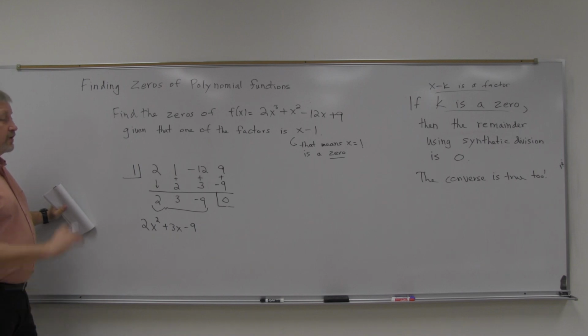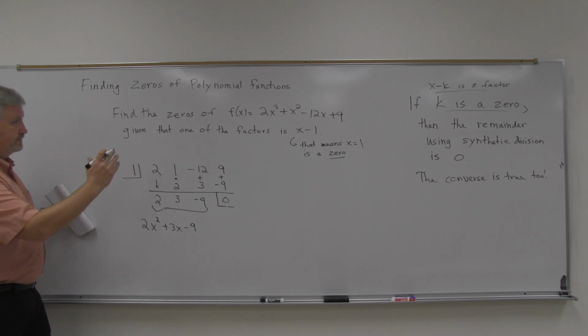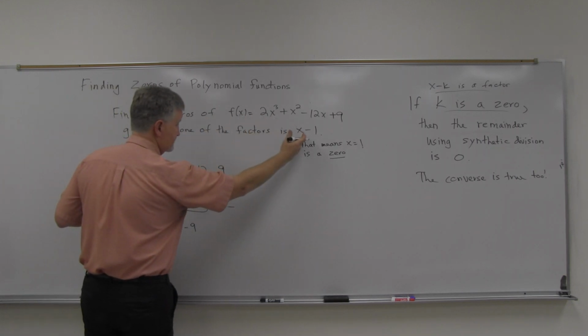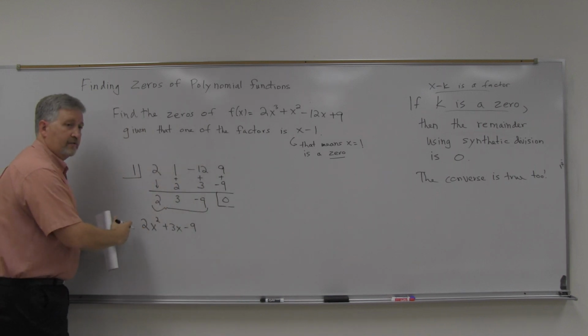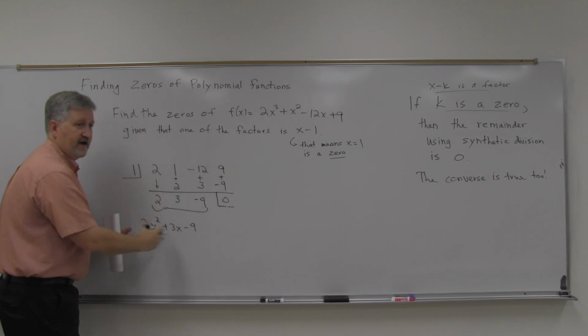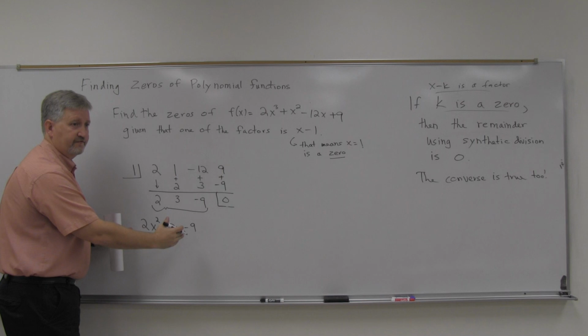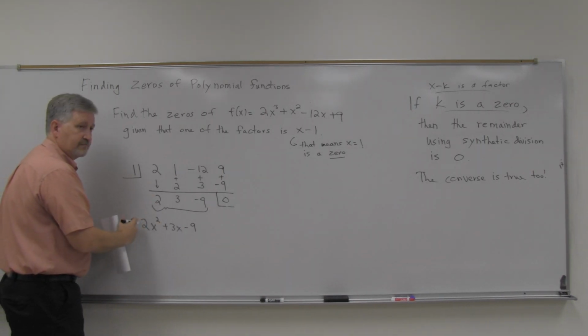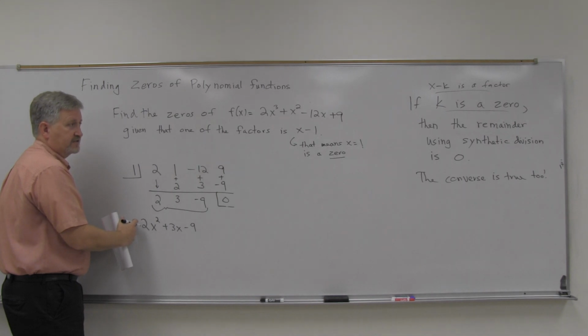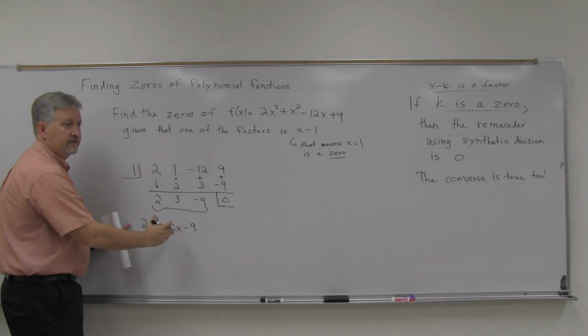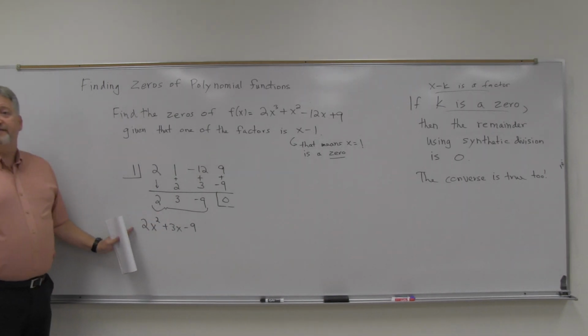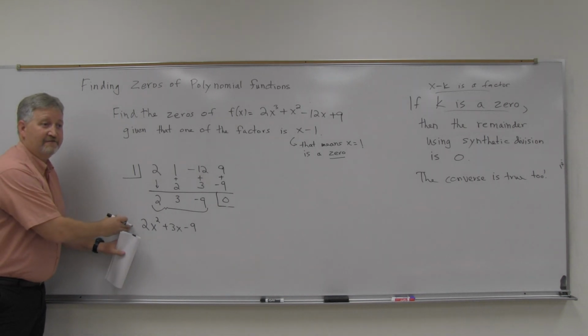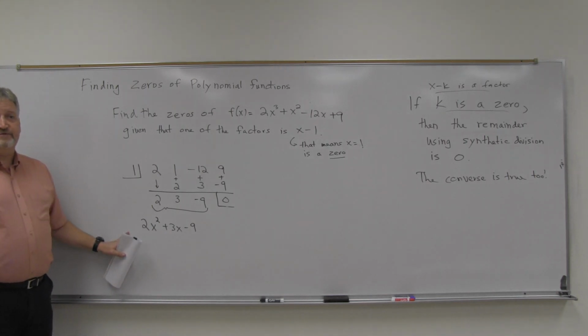So what that does for me is, yes, x minus 1 is a factor, but this is also a factor of the function. If I wrote it out, it'd be x minus 1 times this. Since I'm trying to find the zeros, though, can I find the other zeros off of this? Because if this is a factor, set that equal to 0.